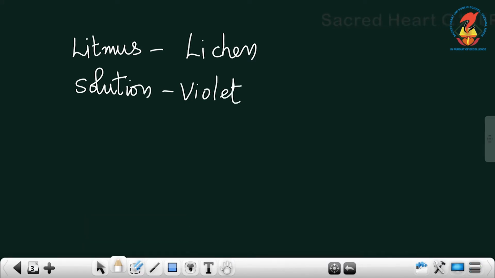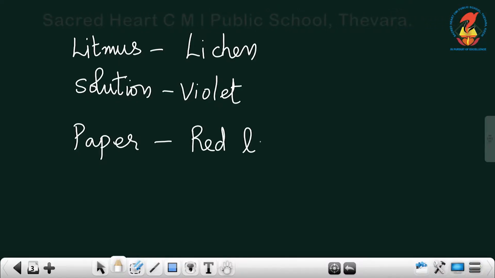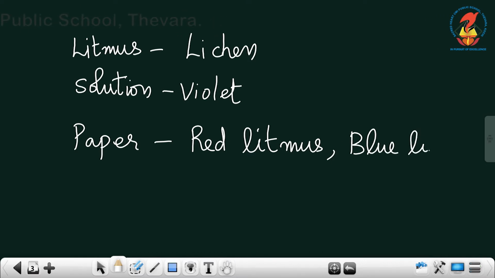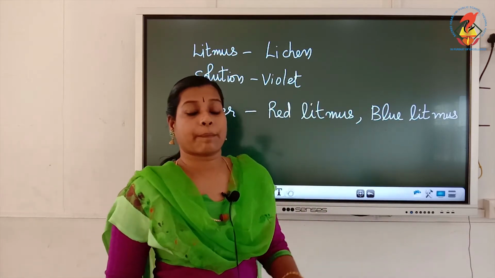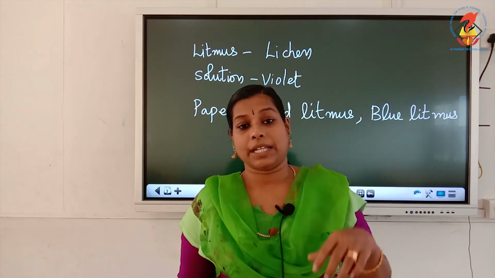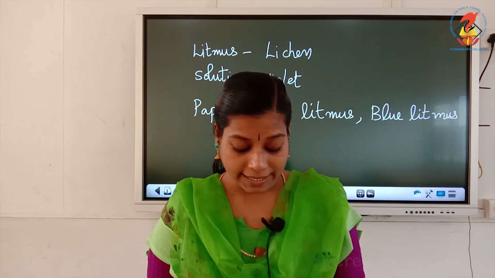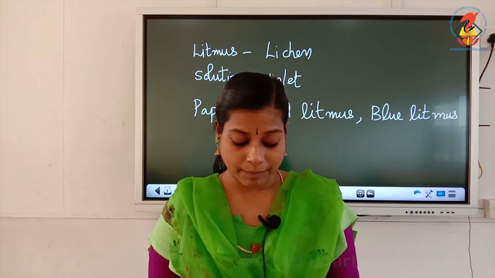And also it is available in paper. Litmus paper, we can see two types of litmus paper, red litmus paper and blue litmus paper. Red litmus and blue litmus. It is available either in the form of paper or as a liquid. If it is available in the form of paper, we can see the red litmus paper like this.